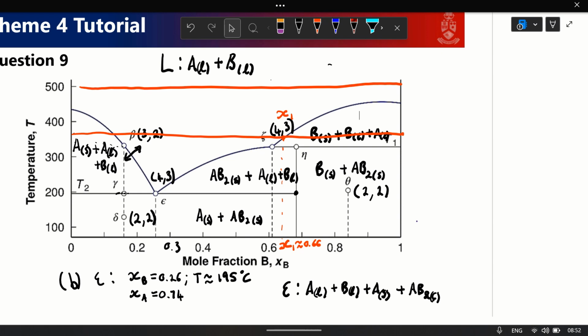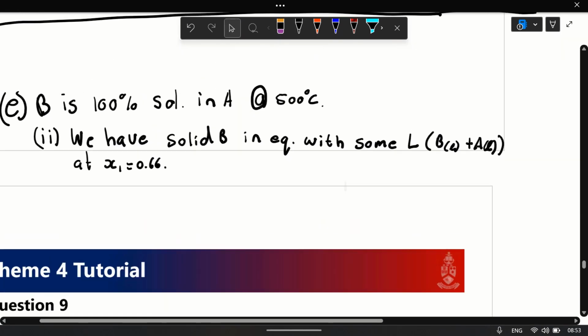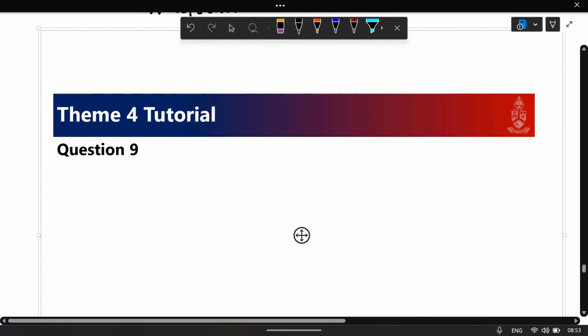But that's above the melting point. So the melting point of AB2 is that. So that's above the melting point of AB2.